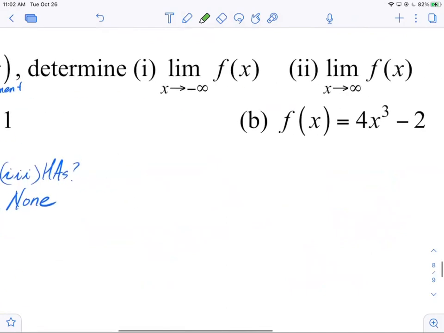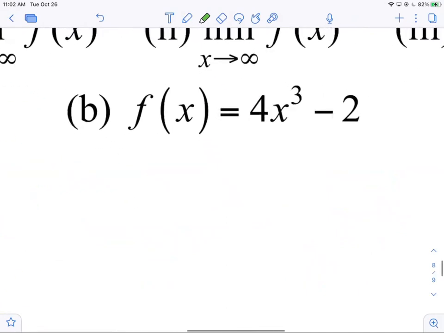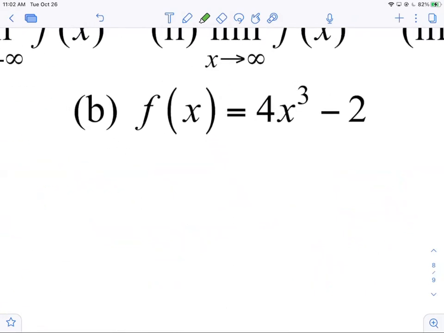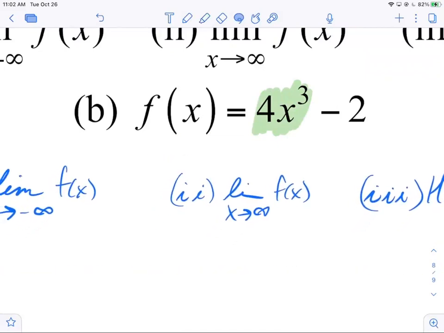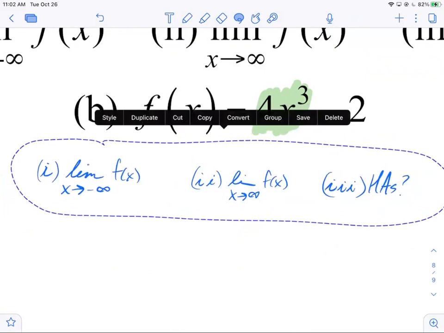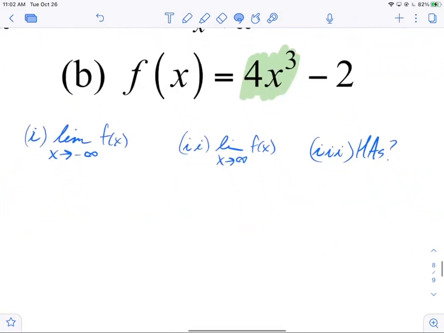Letter B. Hey, this one is 4x cubed minus 2. Let's go ahead and do this one by the triple H method, huge, huger, okay? First thing I'm going to do is paste down my analysis tools. And now, if I want to go to negative infinity, let's just plug a negative infinity into 4x cubed.